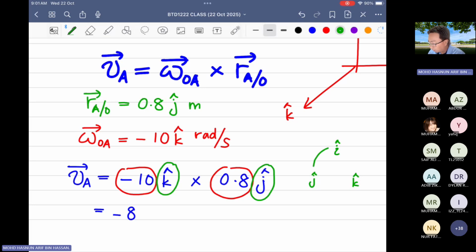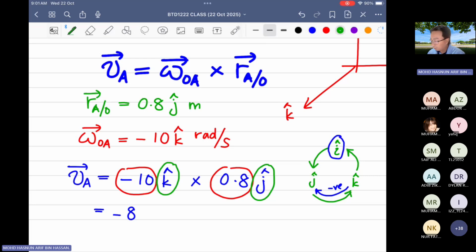So i to j anti-clockwise, j to k anti-clockwise, and k to i anti-clockwise. So here we have k to j. So k going to j will be in this direction, which is negative, and k cross j will give you negative i.